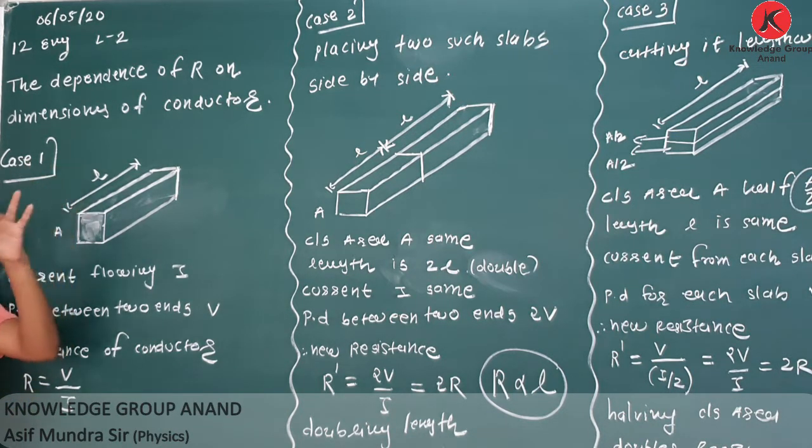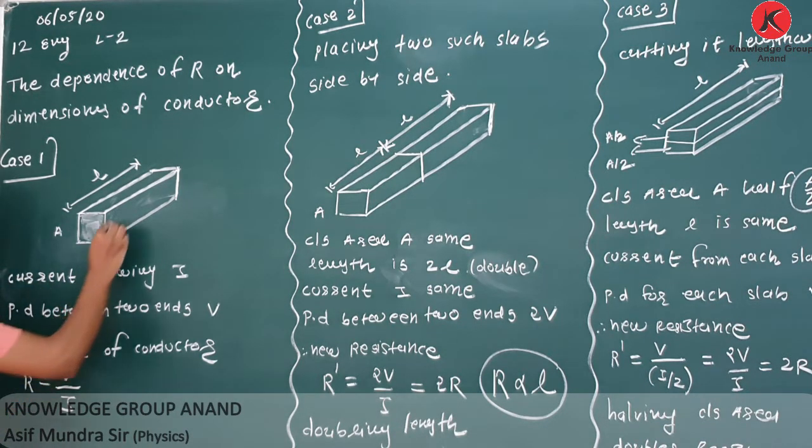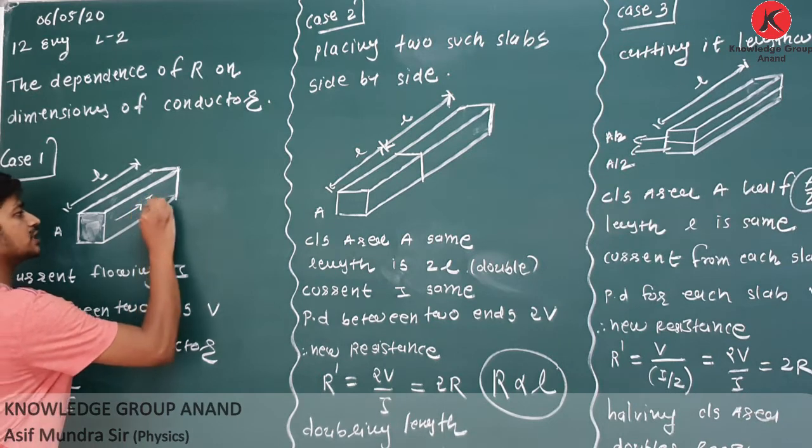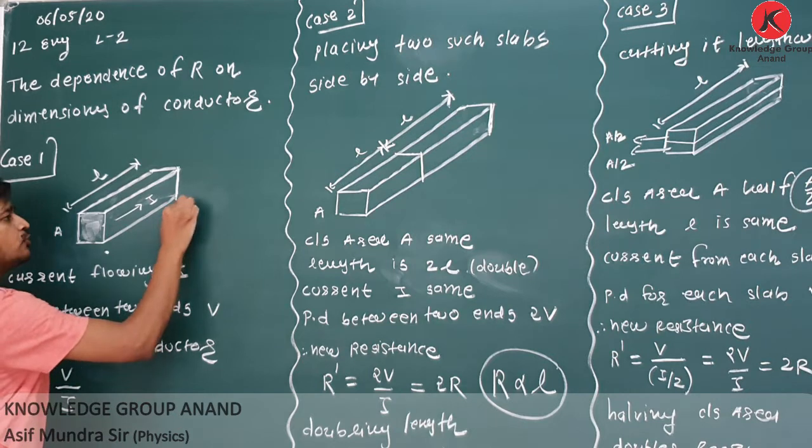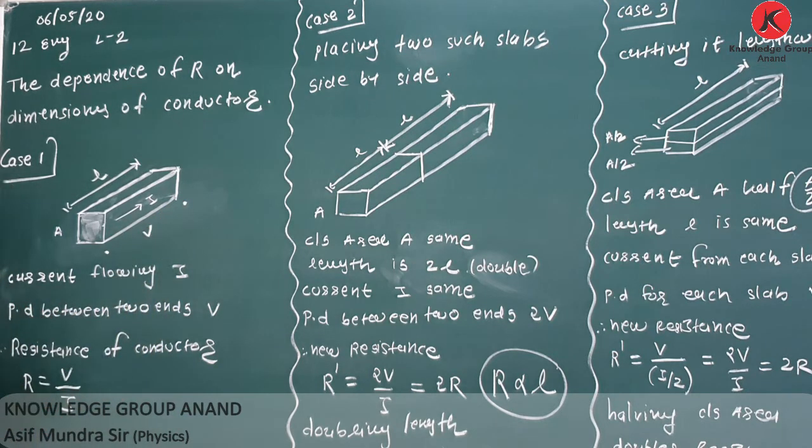Let the current flowing through this conductor perpendicular to the cross-sectional area be I, and the potential difference between the two ends be V. Then the resistance of this conductor is R equal to V upon I.